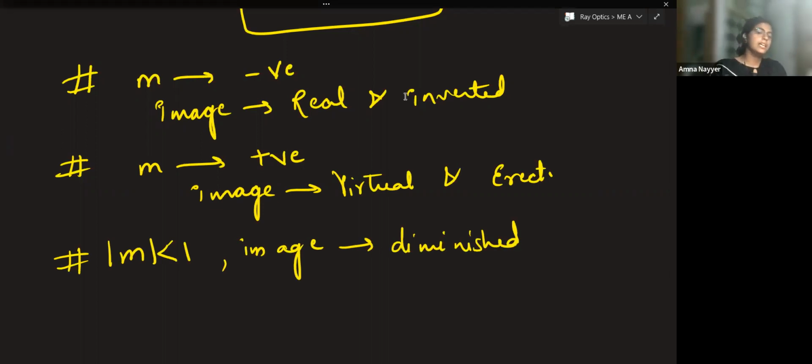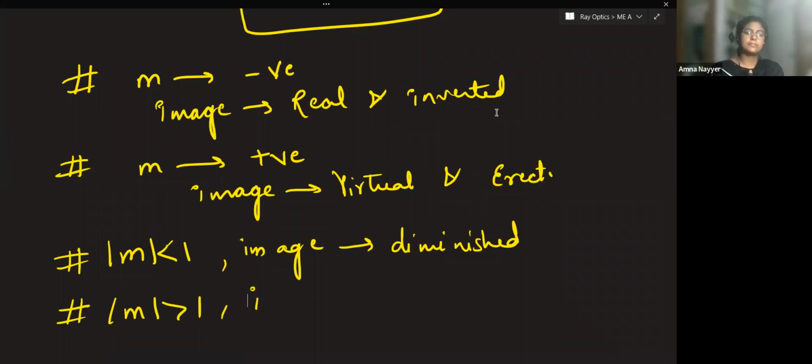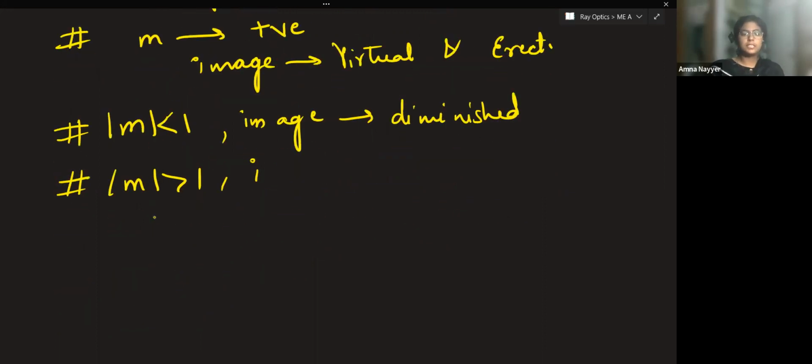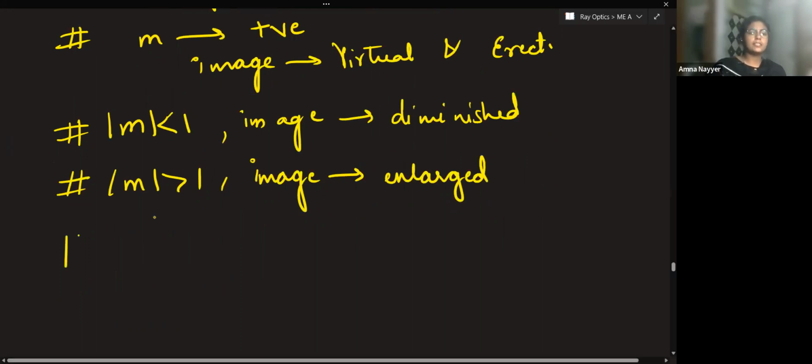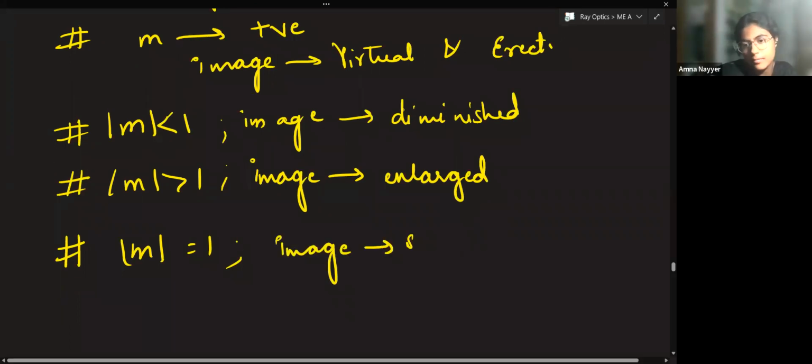If it is greater than 1, then the image is enlarged, and if magnitude is exactly equal to 1, then the image is exactly of the same size.